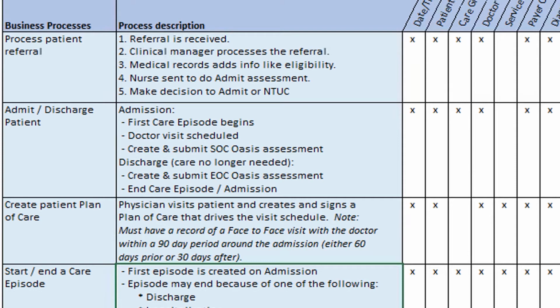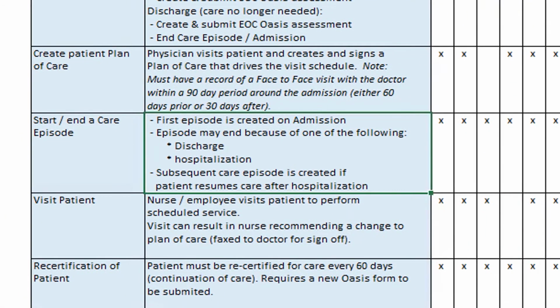And then the next one is an admission of a patient. So the admission is going to be the patient's been admitted to care. An admission event is going to go until discharge. You can also go to more detailed processes. So within an admission, there are different episodes of care. The patient was admitted, and then they got sent to the hospital, which ends an episode of care.